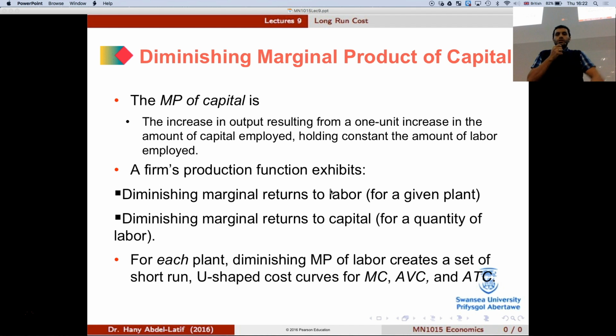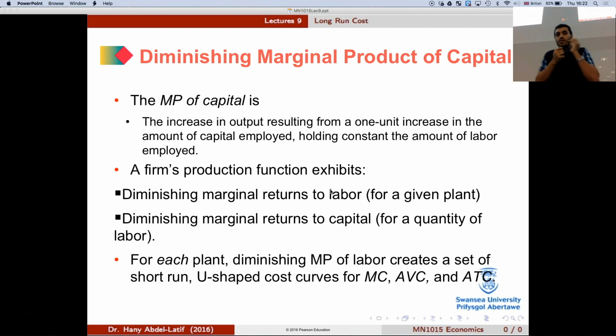Because we have diminishing marginal product, that causes the cost curves to take this U shape. As I said, when you increase output, initially the average cost decreases, then comes to the minimum point, and then if you increase output after this, the cost will start increasing. So you have this U-shaped curve.